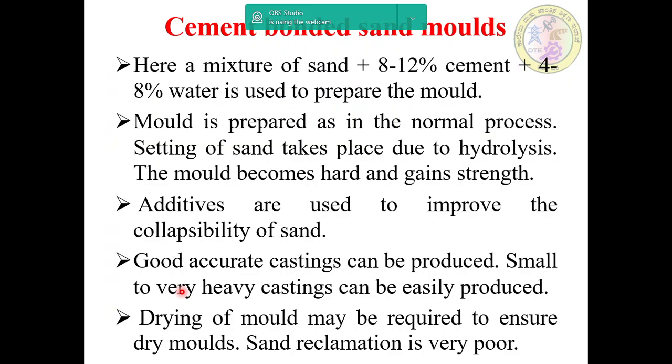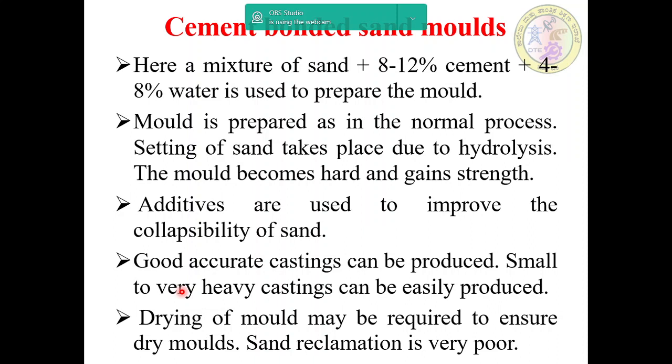And this is the last type, cement bonded sand molds. Here a mixture of base sand, usually silica sand, around 8 to 12% cement, and 4 to 8% water is used to prepare the molds. The mold is prepared as in the normal process, and the sand sets due to hydrolysis. The mold becomes hard and gains strength.